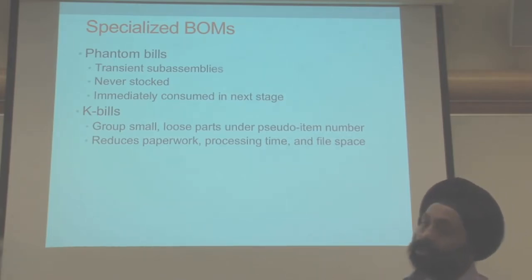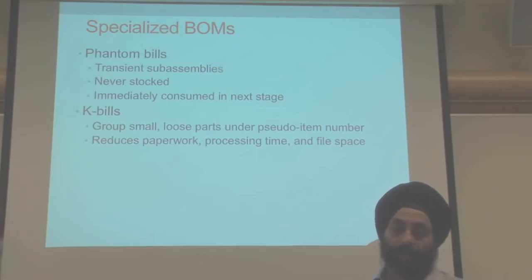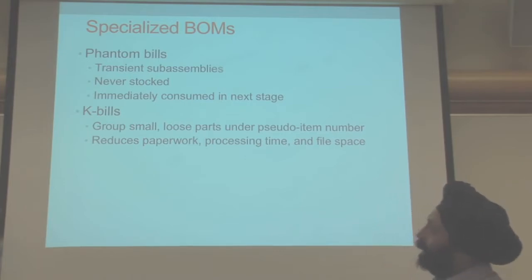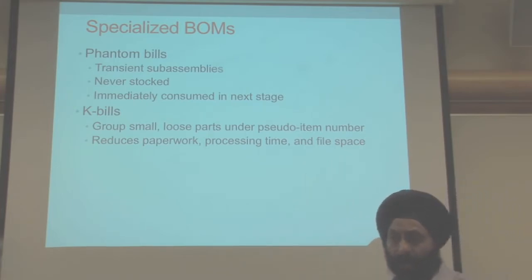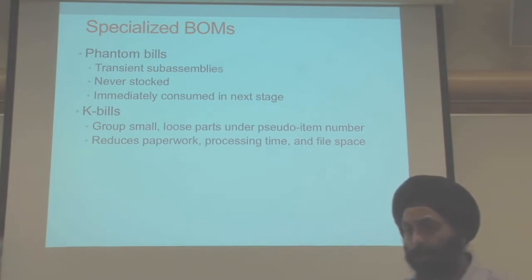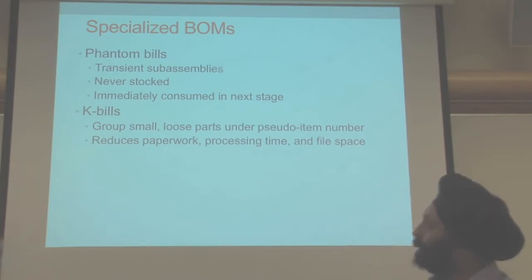So they are actually never stocked in that scenario, but are almost like a fictitious bill that is created. They are never stocked, and are immediately consumed in the next stage. So something that is created but is directly consumed to produce a different subassembly.